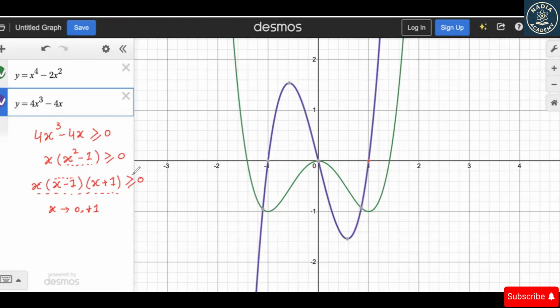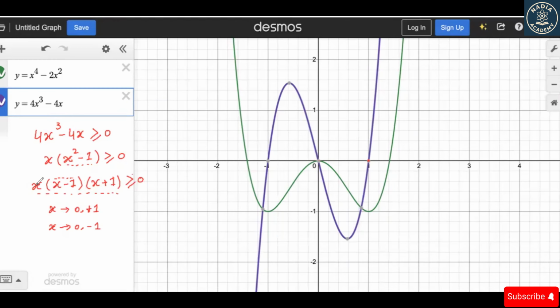If we change x from 0 towards negative 1, then at negative 1 we will have a negative term here and a positive term here because we have a positive 1 here.